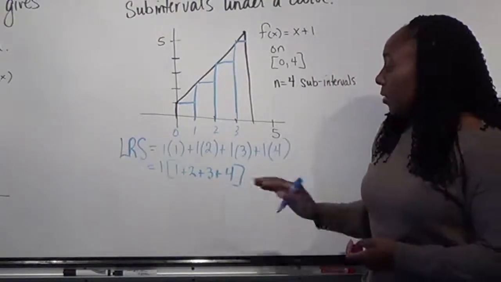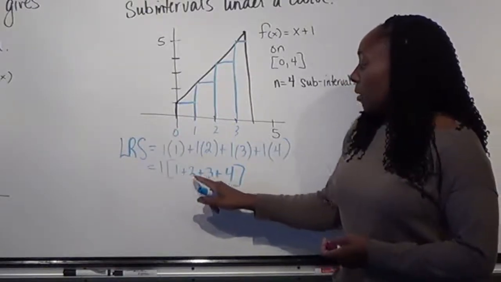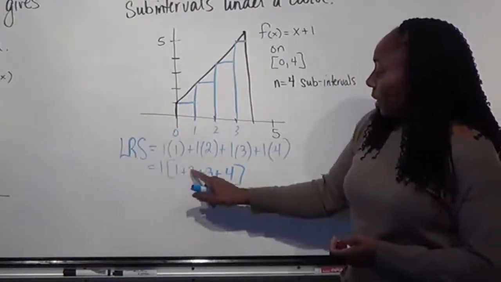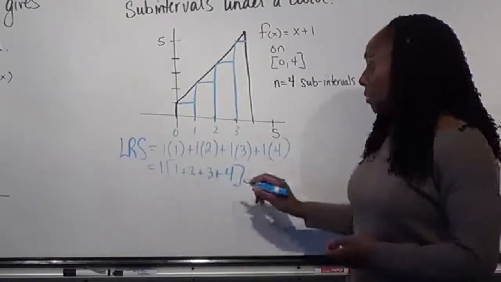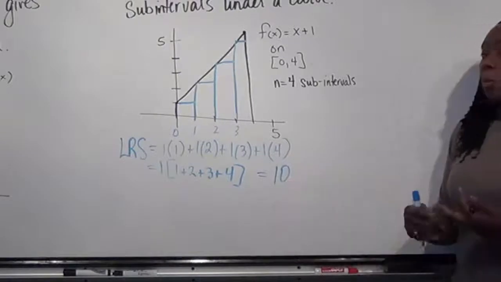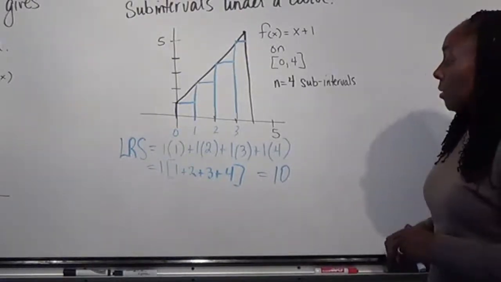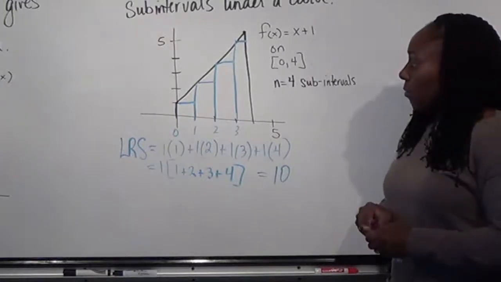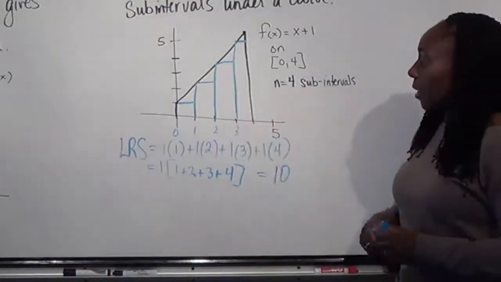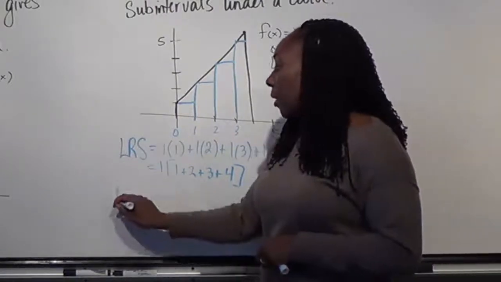In this case, my left Riemann sum is going to have a total of 7, 8, 9, 10 times 1, or 10. That would be an approximation to my area using the left-hand endpoints of this particular interval.